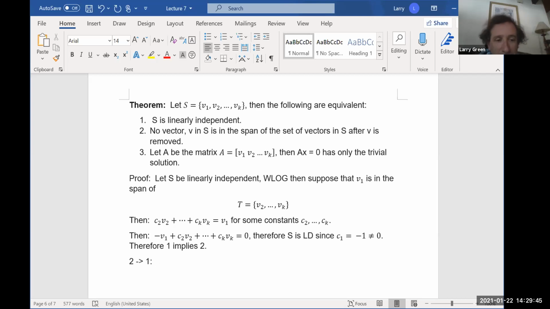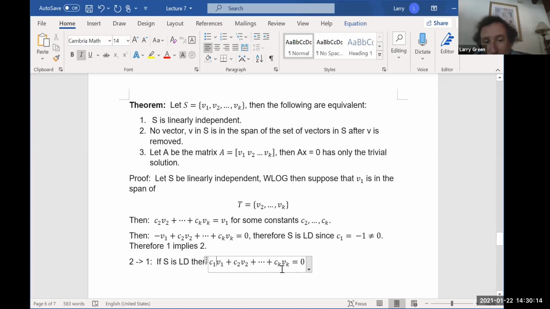So you want to show 2 implies 1. That means if 1 is false, then 2 must have been false. Do you see that? So if S is linearly dependent, then what we do is we write down the linear dependence relationship. C1 V1 plus C2 V2 plus dot dot dot CK VK equals 0.